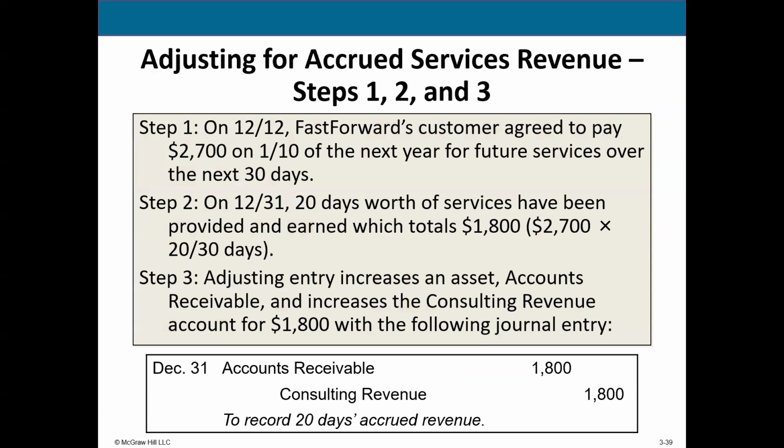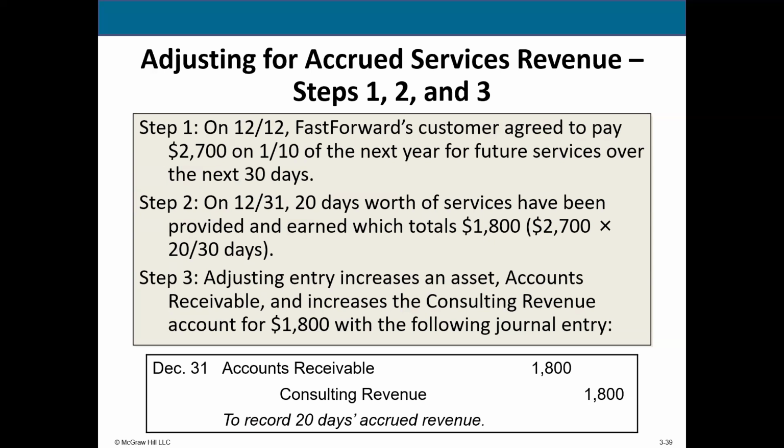So here we have an example. On 12/12, we entered an agreement with a customer for $2,700, the contract being over 30 days. So we need to recognize the revenue that occurred between 12/12 and 12/31, so that we can recognize the revenue for the month of December.